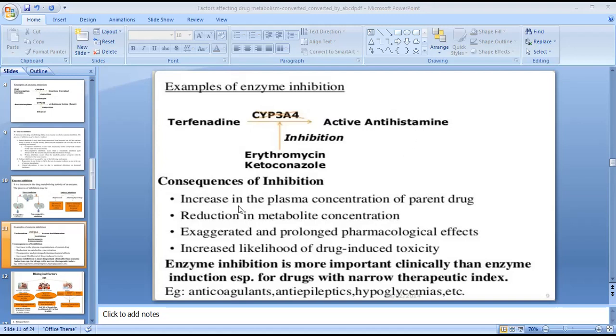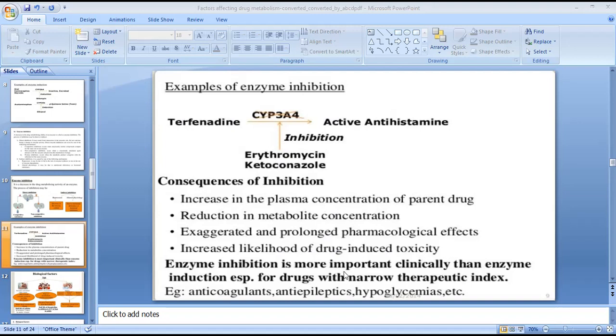So there will be an increase in the plasma concentration of the parent drug and a reduction in the metabolite concentration. If the drug molecule is available in a very large amount, then also it is unable to do its activity. Then if the drug molecule is available in too little quantity, then excreted and prolonged pharmacological effects, then increased likelihood of drug induced toxicity.